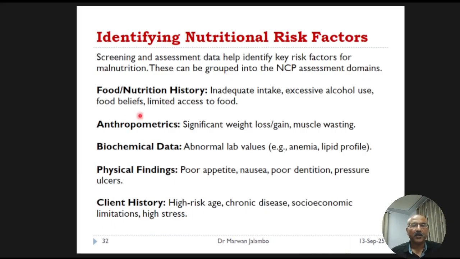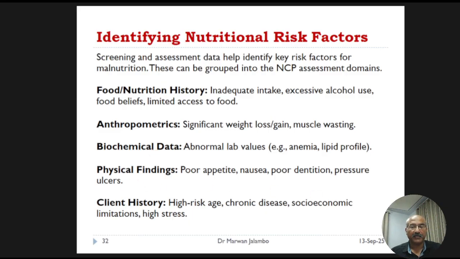So under nutrition history, red flags include obviously inadequate intake, excessive alcohol use, disordered eating beliefs, or limited access to food. For anthropometric measurements, we are looking for things like significant unintentional weight loss or signs of muscle wasting. With biochemical data, we look for abnormal laboratory values like anemia or poor lipid profile.